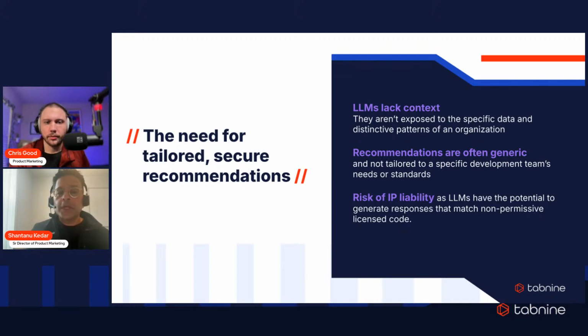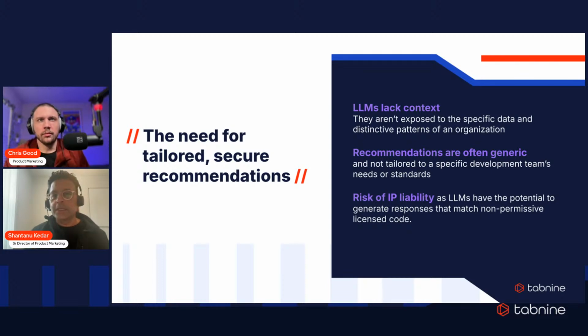With the proliferation of AI code assistants amongst enterprises, there has been a significant increase in the volume of code that is being generated by AI. However, most of this code is not tailored to the organization, and as a result of this, it does not get past the pull request. In addition to code quality, the other big challenge is IP liability.